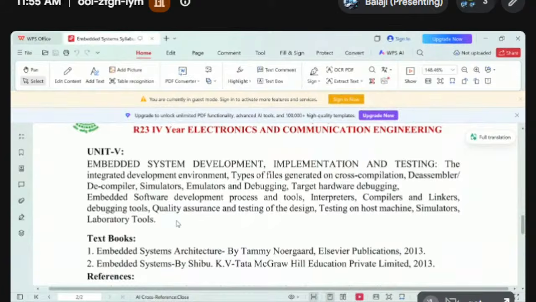Also cross compilation, simulator, and so we have some device. That device may be located at some place. By seeing that device, I can place some software and compile that software on the computer.